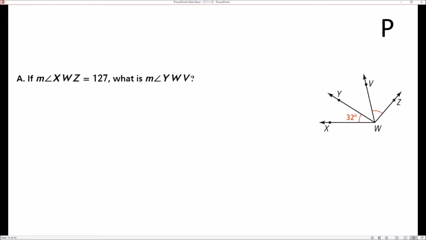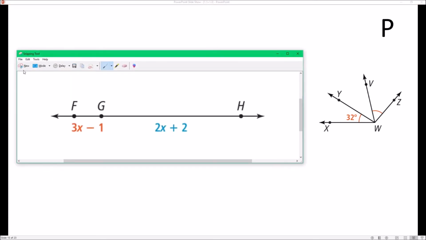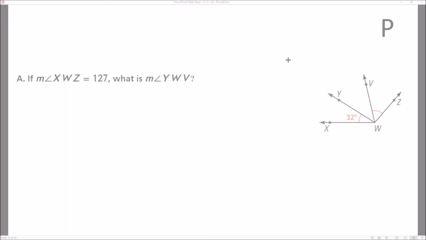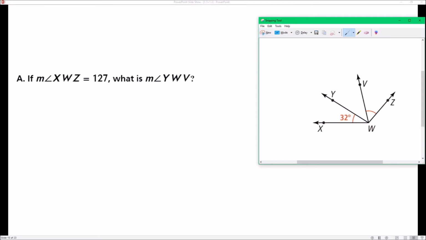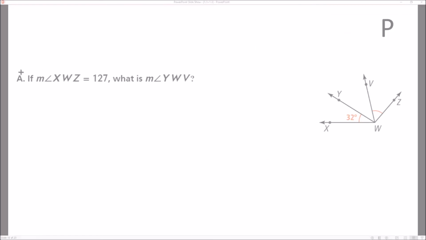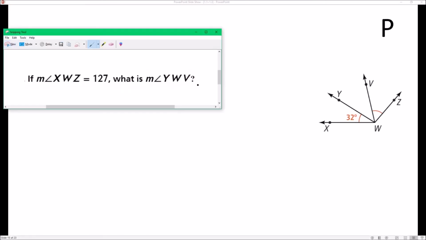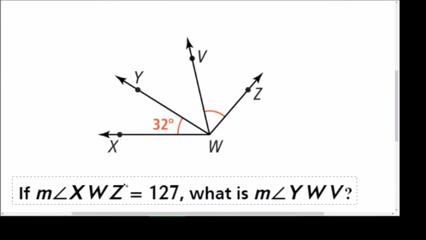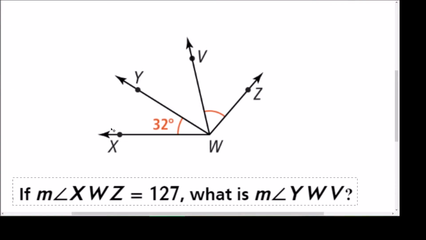So let's look at this problem, because this one's a little bit unique. It says if XWZ, let me bring it over too, just so we can really talk about it. So what this is saying is if the measure of XWZ is 127 degrees, what that's doing is saying, let's bring up a different color.